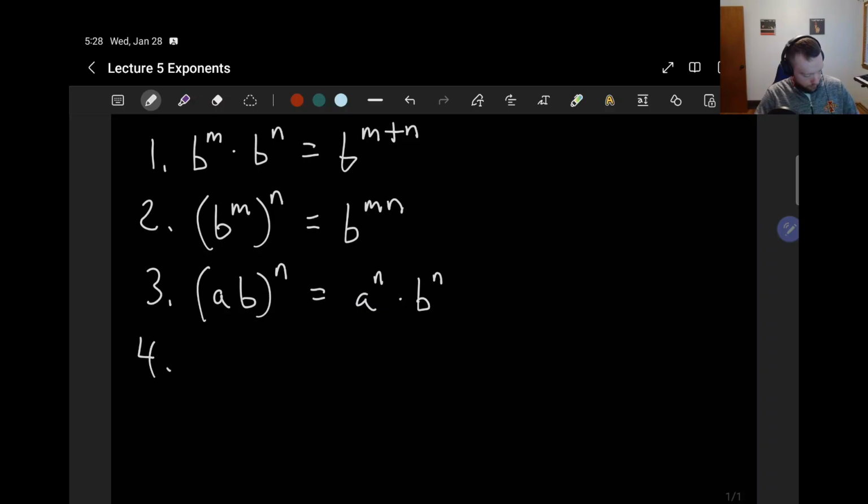Number 4, very similar. If I have a division inside, all that being taken to the n power, then the exponent applies to both numerator and denominator.